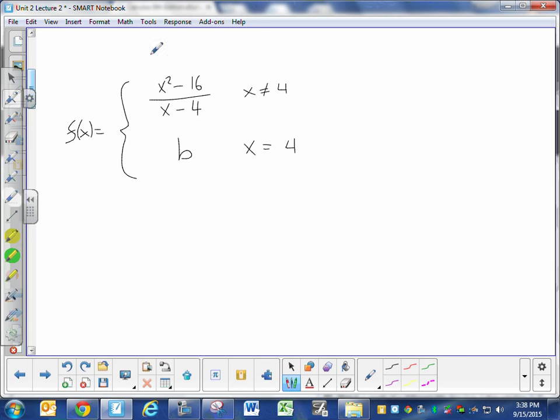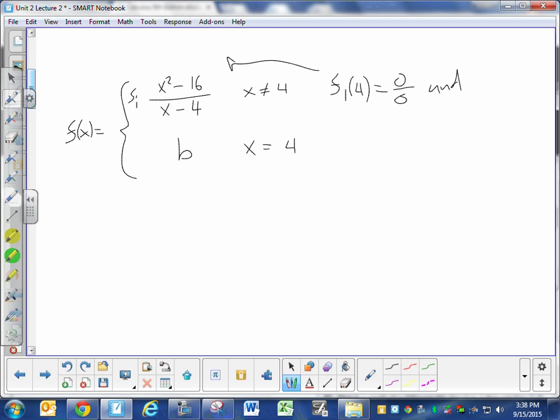Well, if this was just x squared minus 16, then this would be equal to 0. And I'd say, all right, b has to be 0. But in this situation, if I plug in 4, I'm going to get 0 over 0, which is undefined.